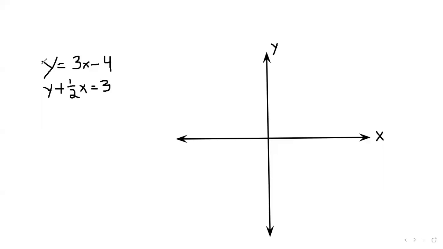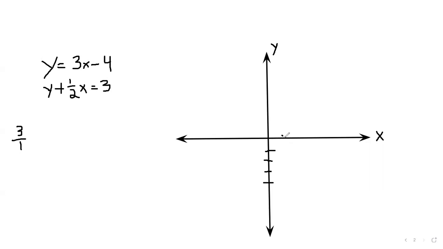So let's try this one first. It's already in that y equals mx plus b form, so we notice that our slope is going to be 3. And I remember it's a regular 3, so I'm going to put it over 1. And it intersects the y-axis at -4. So let's see here, 1, 2, 3, 4.